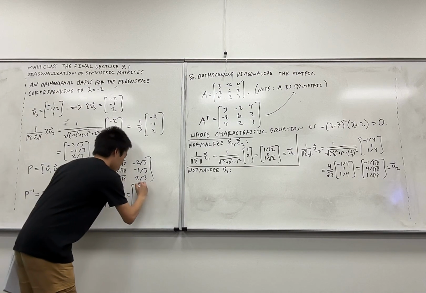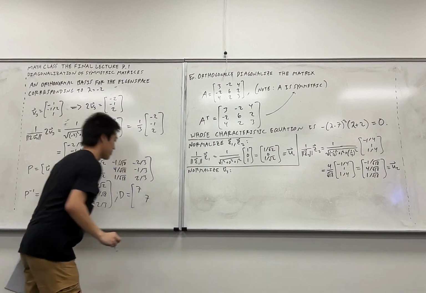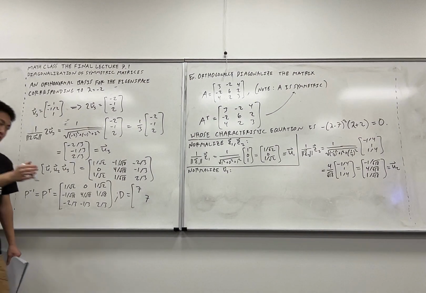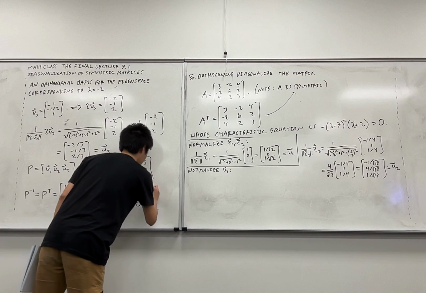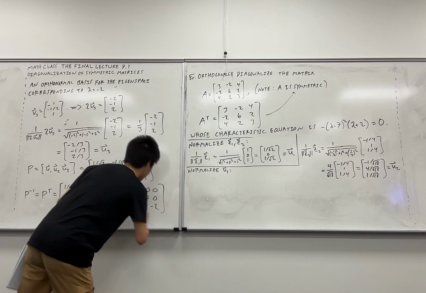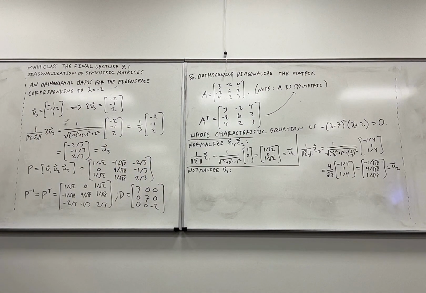So I want to make sure that those come first, 7 and 7. And then the third column is the one that was with the minus 2 vector. And then make sure we fill it in correctly. You do not have to write P, D, P transpose like that. If you find each individual piece, that's all we're looking for.